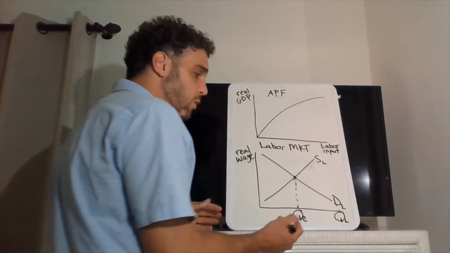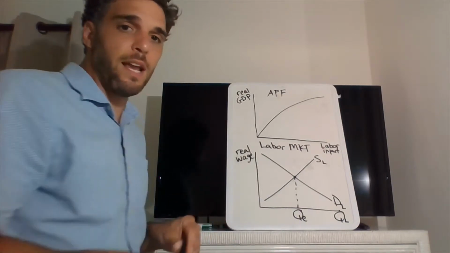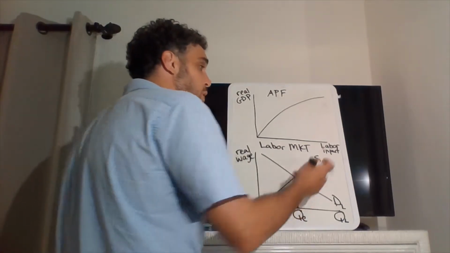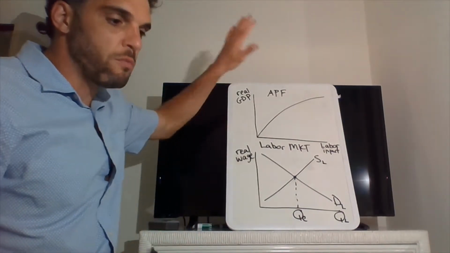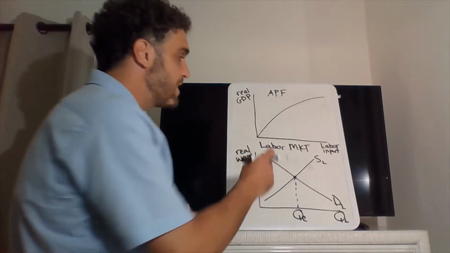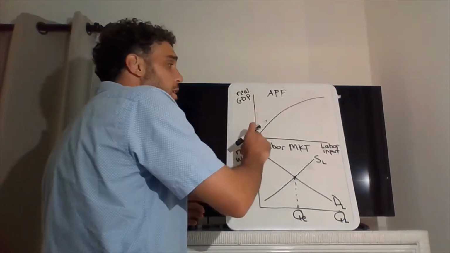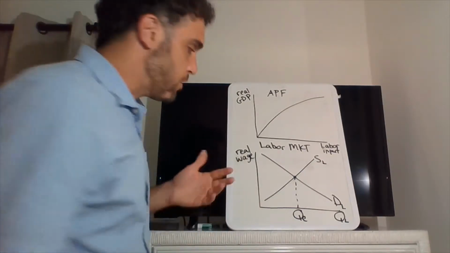So what we can do is we can actually use this equilibrium quantity of labor found in the labor market as our input into the aggregate production function. We'll assume that capital and technology are held constant, and then we can see how real GDP will change when there's a change in the labor input. So how do we connect this?